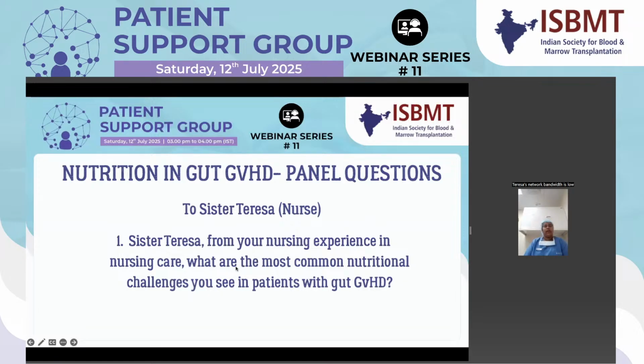Actually, patients with gut GVHD face significant nutritional challenges due to both the disease process and its treatment. The most common nutritional challenges seen in these patients are severe malabsorption. Why? Because GVHD often causes inflammation and ulceration of the mucosal lining that impairs nutrient absorption.